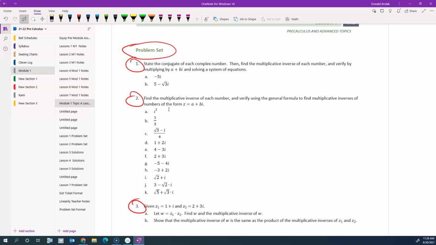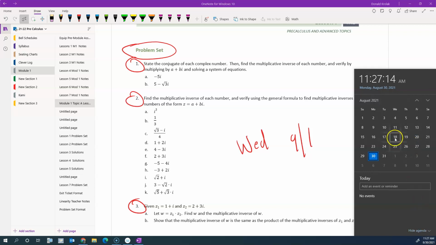Just do it on a separate sheet, highlight your answers or circle them. This is going to be due on Wednesday. So that's 9/1, I think. Let's see. Yeah, 9/1.